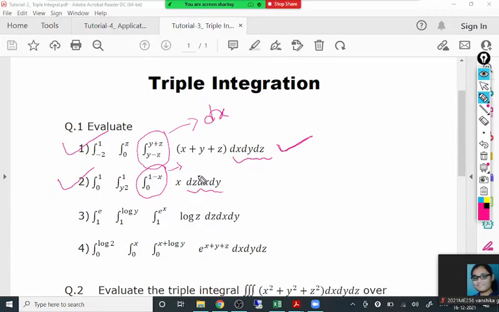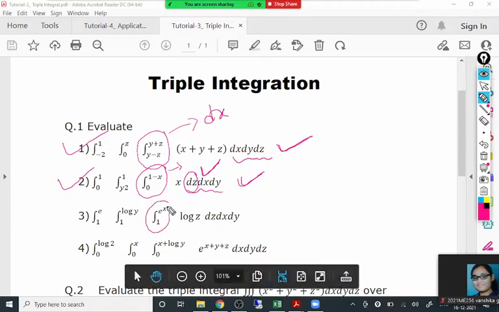But whenever that ambiguity is there, you can simply fix that whatever order you are given, you have to follow. So whatever the order given, you have to follow. That's not a problem. Exactly the same thing happens in example 3, because limits are in terms of x and that can be of z, so we have to follow the order as it is.